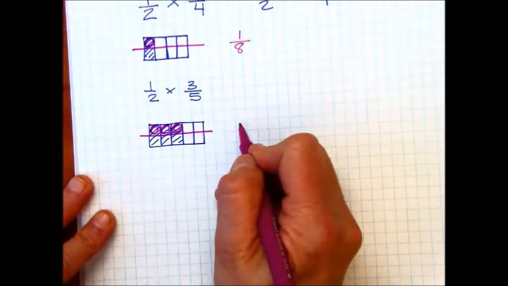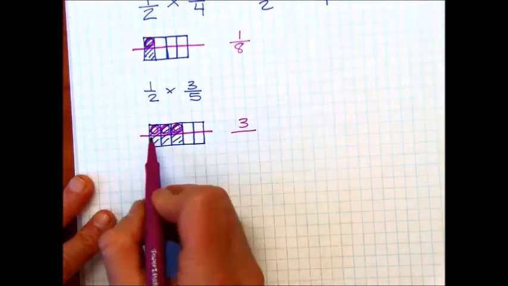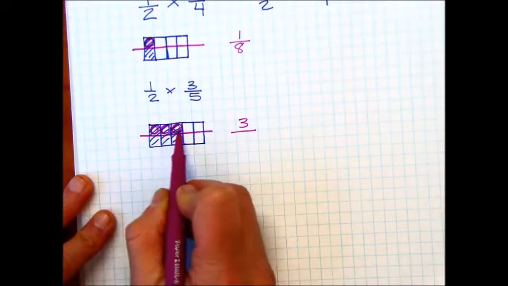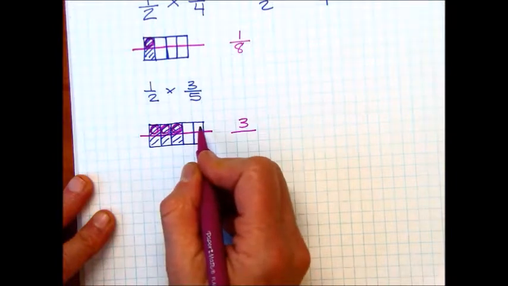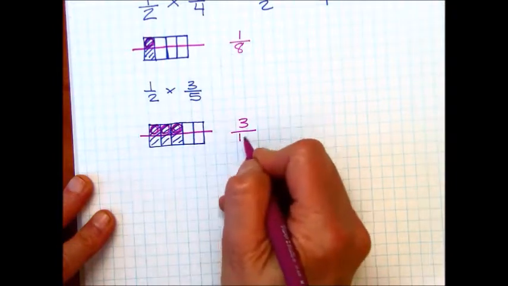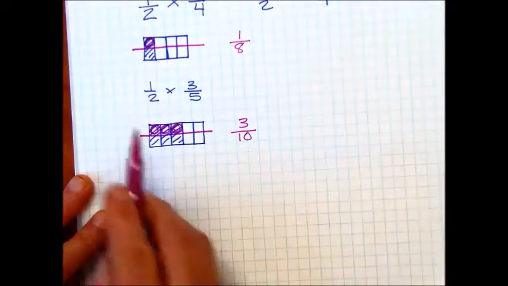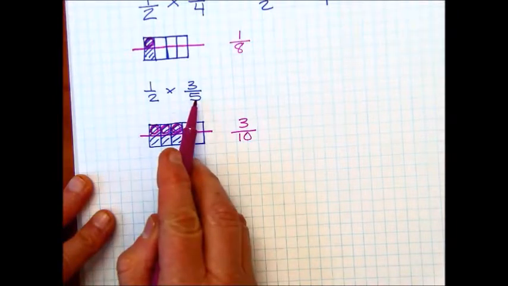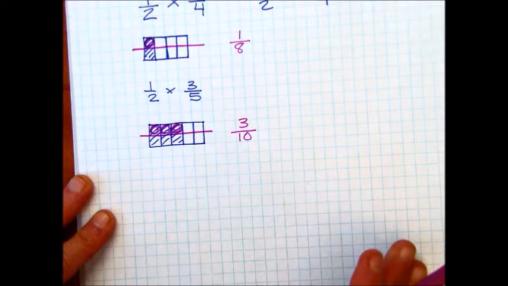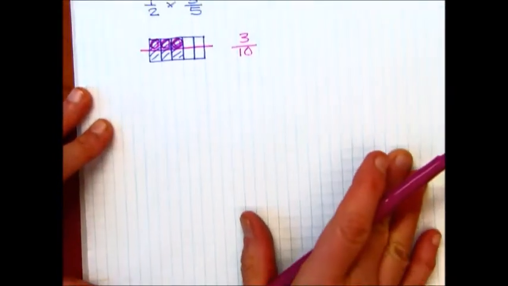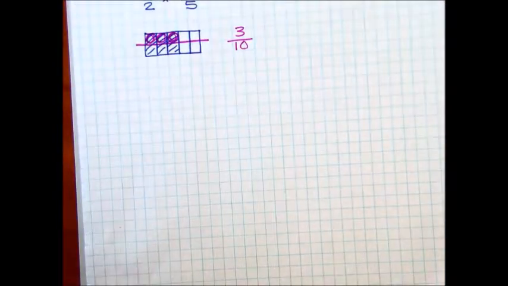So we've got 3 out of 3, 4, 5, 6, 7, 8, 9, 10, because now I have 10 boxes, 10 equal parts. So 1/2 times 3/5 is going to equal 3/10. Let's try a few more and then we'll look at some patterns.